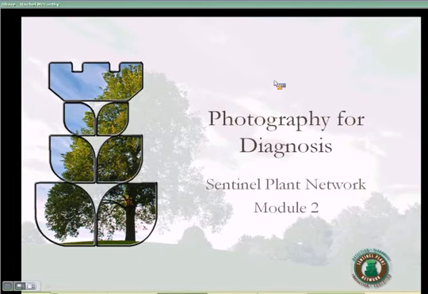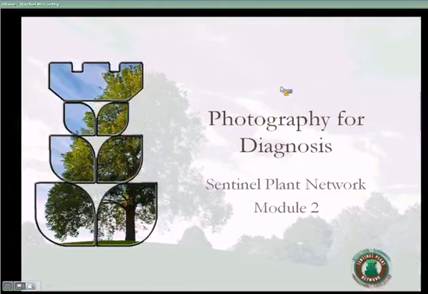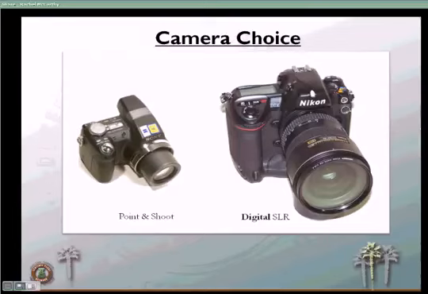So we're going to start out today with basic camera choices. Most of you probably already have a camera, but if you don't, you have a couple of choices in digital cameras. There's the point and shoot variety and also the digital SLR variety.